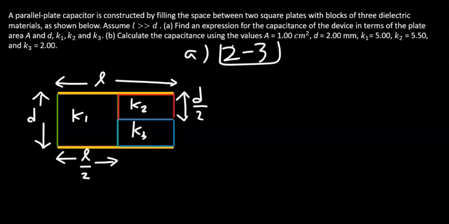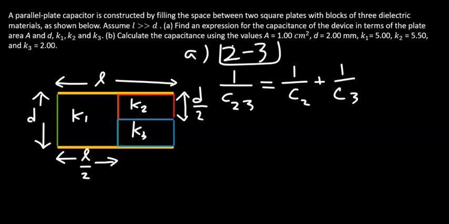To combine two capacitors in series, we add their inverses. So the inverse of the net capacitance of 2 and 3 is 1 over the capacitance of 2 plus 1 over the capacitance of 3.